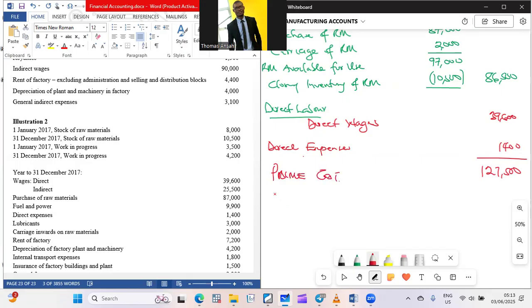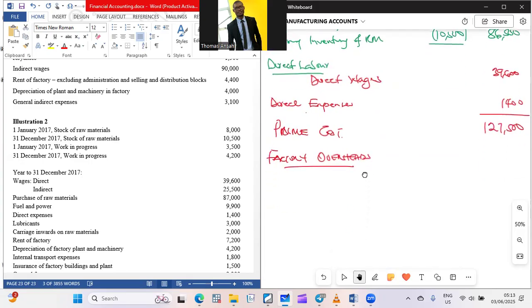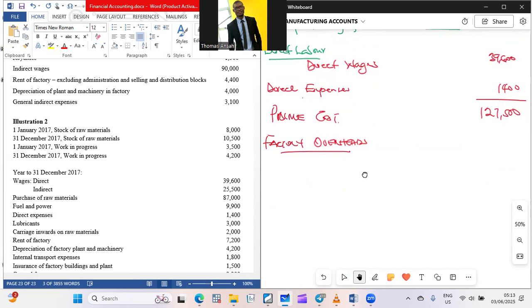What do we need to do? Factory overheads, right? Add production or factory overheads. What are the indirects in the question? You remember? If you don't remember anything at all, we had indirect wages, right? How much was that? Indirect wages, 25,500.